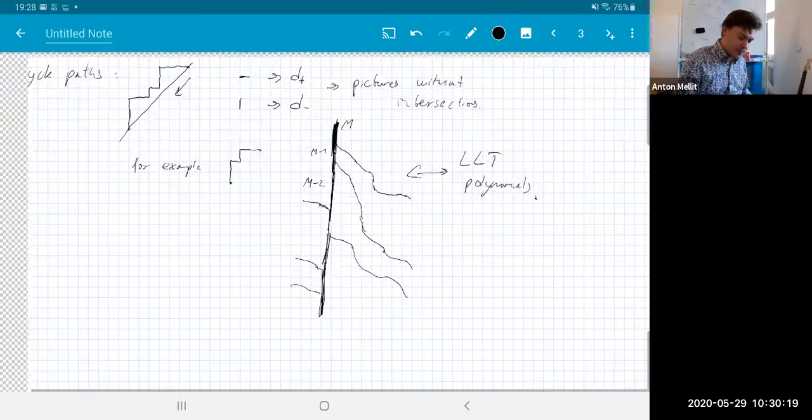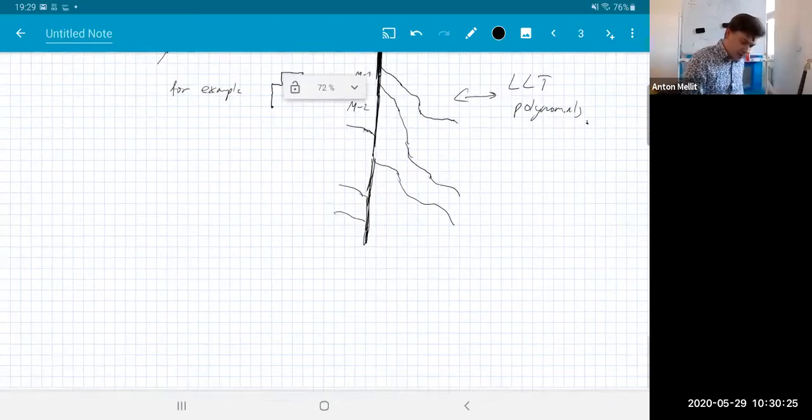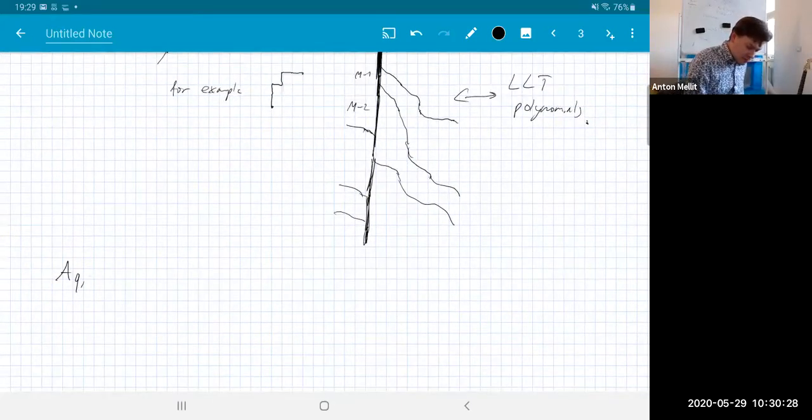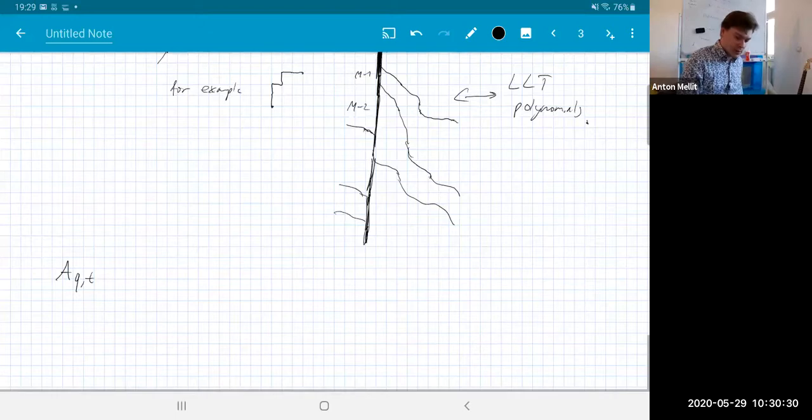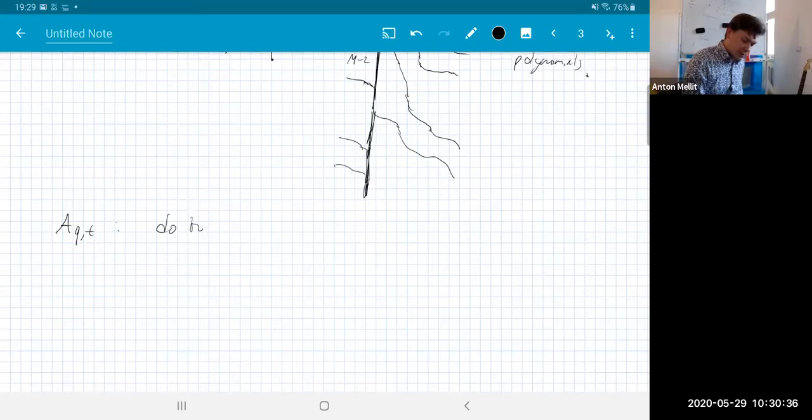And what is the AQT algebra from this point of view? We have to do the same on the torus.